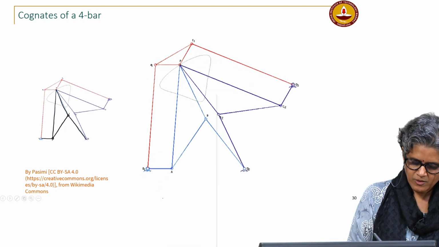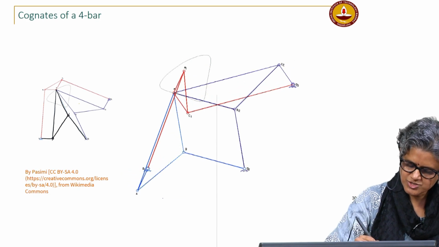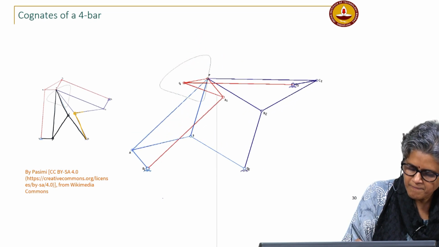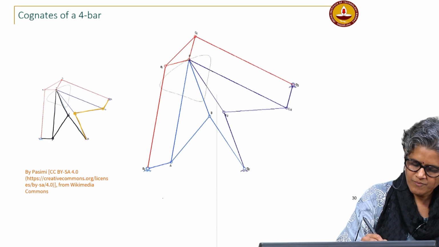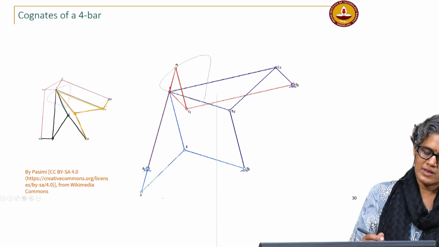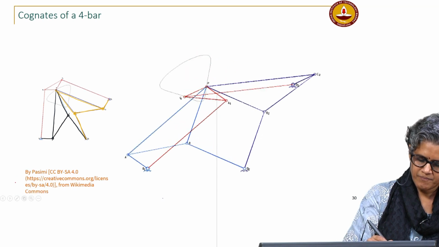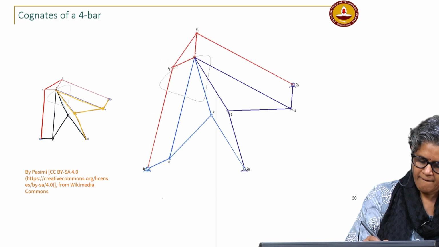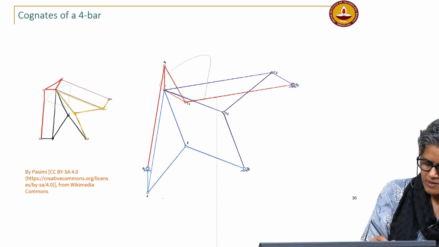You have another linkage, another 4 bar here, with this as the coupler point, and then you have the red one. This is the coupler point and this is the 4 bar.